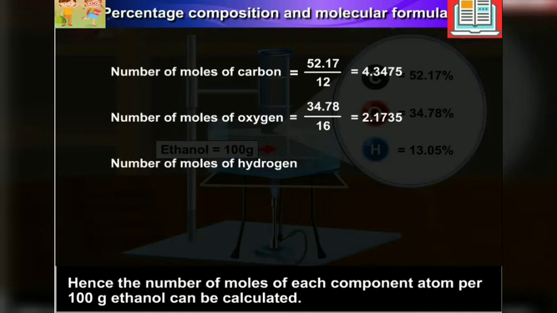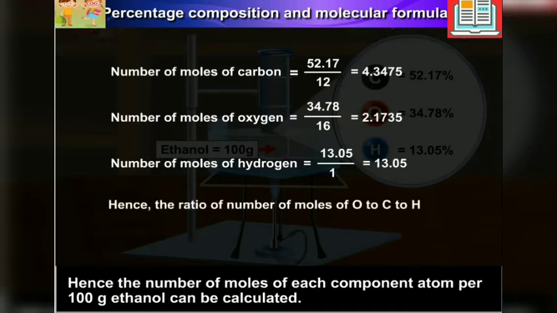Number of moles of hydrogen equals 13.05 upon 1 equals 13.05. Hence, the ratio of number of moles of oxygen to carbon to hydrogen equals 2.1735 is to 4.3475 is to 13.05, equals 1 is to 2 is to 6.